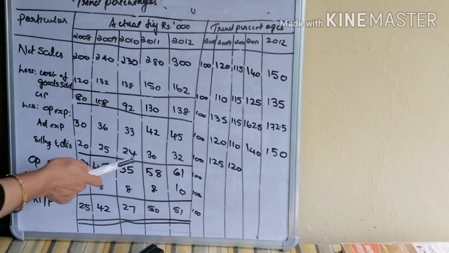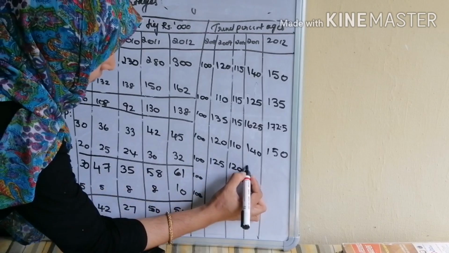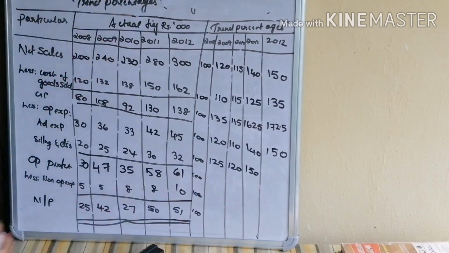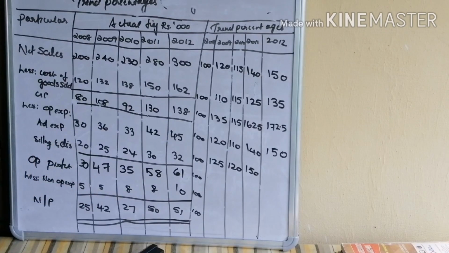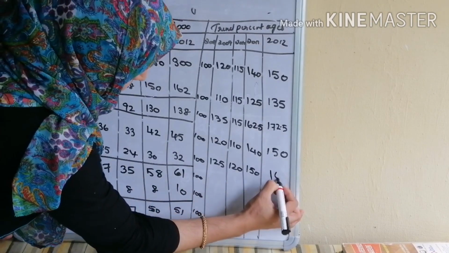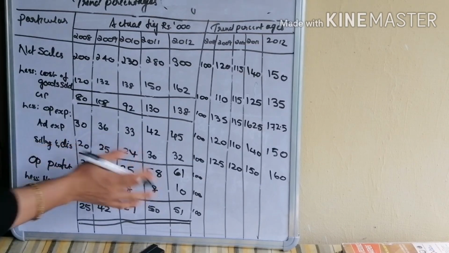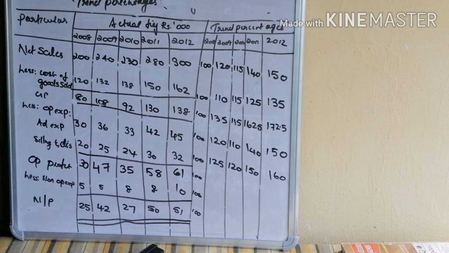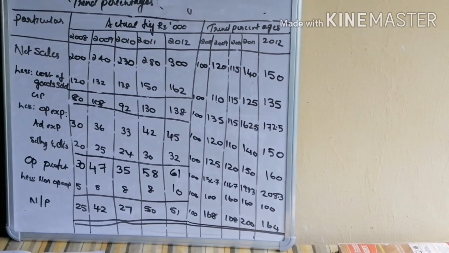And next 30 divided by 20 into 100, and next 32 divided by 20 into 100, 160. Likewise, we have to calculate the whole remaining portion also. So this is our solution.